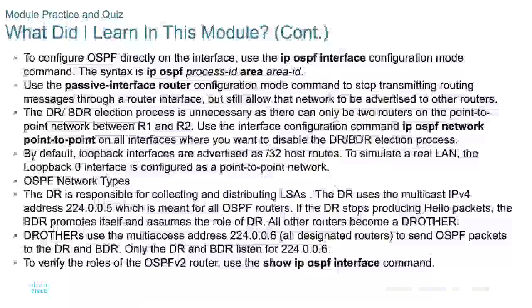Now that is not necessarily the best way of doing it. You may want to change the priority value on the link to influence the election. Okay, so the higher the priority value, the more likely that device is to become the DR.